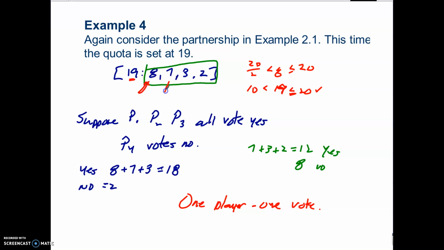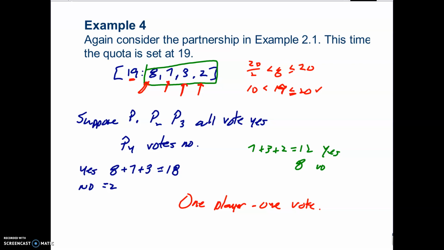Remember, each one of these votes was set up by the number of dollars that this person put in setting up this company. So if each one of these votes costs $10,000 to buy, we have the person at the end, player 4, who only put up $20,000 but carries the same power as the person that put up $80,000. And that's really probably not what the board intended.